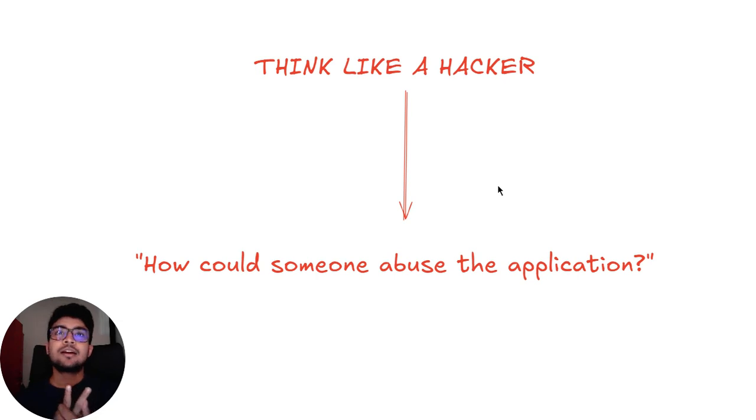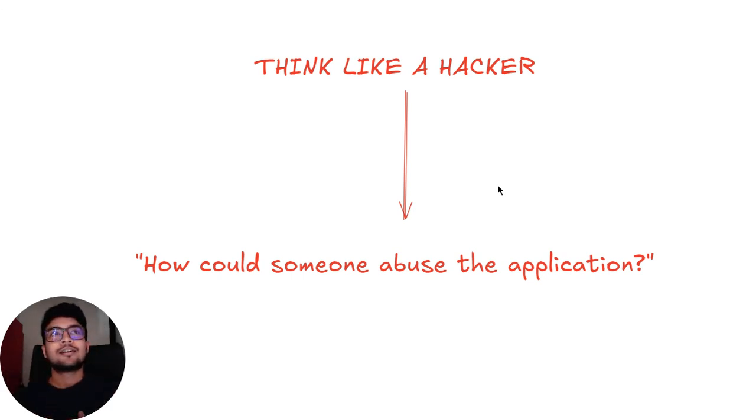You need to have authorized access to your resources within your database, and you need to validate and sanitize the user inputs. And also, you need to limit how much the user can actually interact with your server.